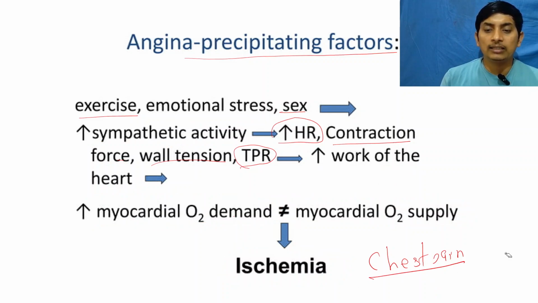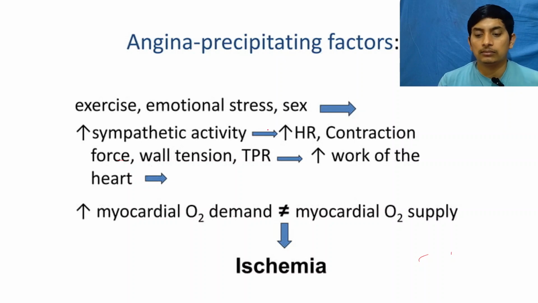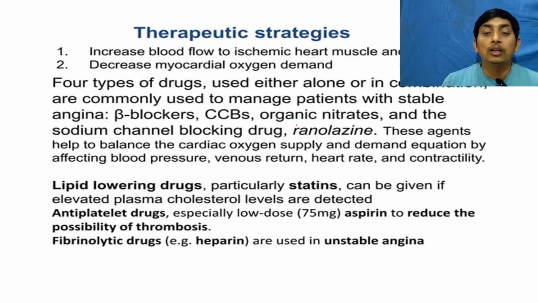Now we'll see that next. So moving to the next slide. Now, therapeutic strategies. What are the different strategies used for the treatment of angina? Already we discussed that. Either we can increase the blood flow in the coronary artery. In angina we are only discussing the coronary artery, not other blood vessels.